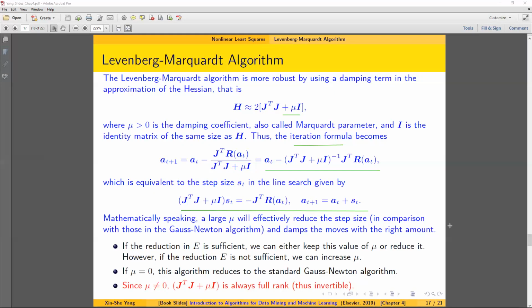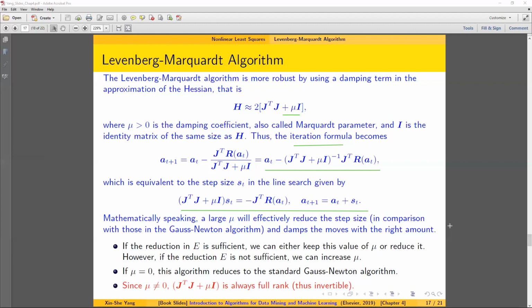If the reduction in E is sufficient, we can either keep the value of mu or reduce it. However, if the reduction in E is not sufficient, we can increase mu. So the idea is that we use the information that we got to revise mu so that we can converge a little bit faster.